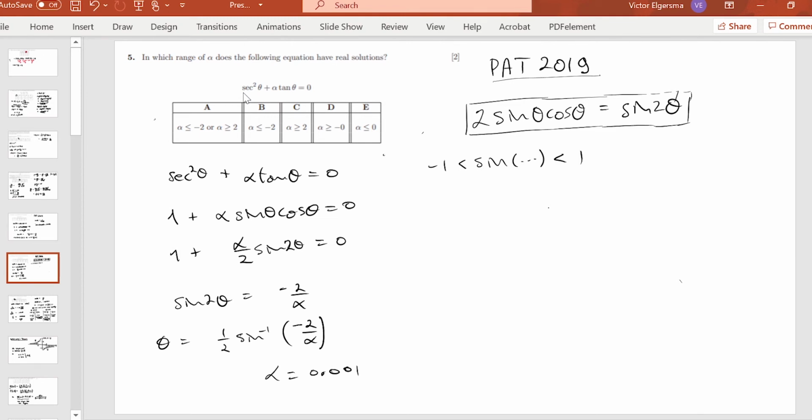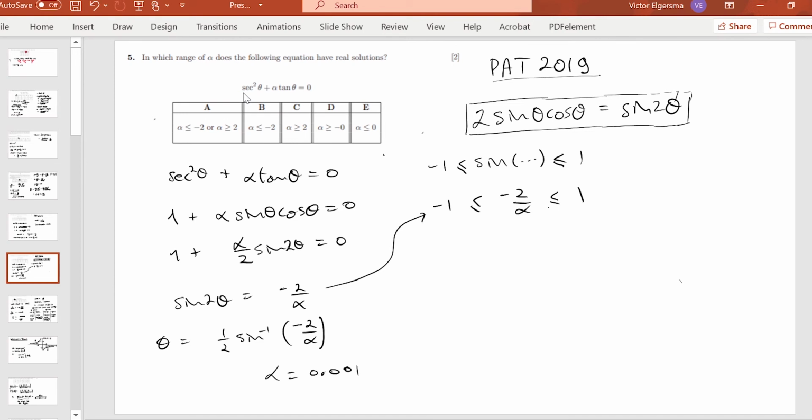Well, kind of. It can equal minus 1 and it can equal 1, at minus pi on 2 and at pi on 2. So this implies that we can stick our minus 2 over alpha here. This equation implies that, and now we have two inequalities which we can solve for alpha.